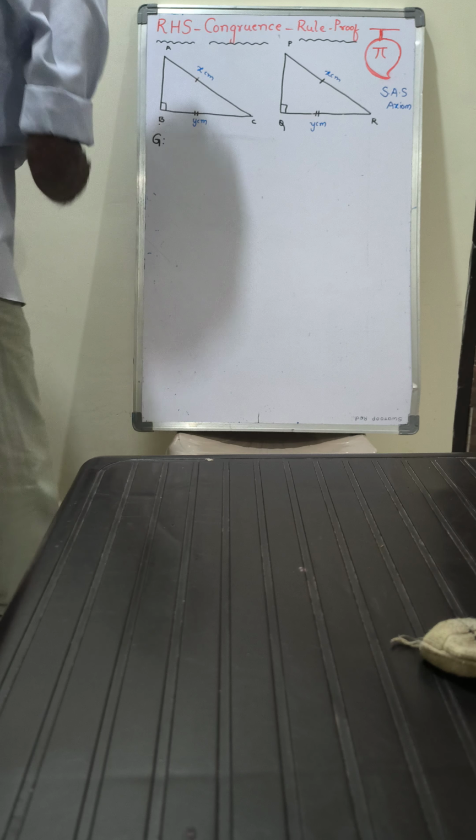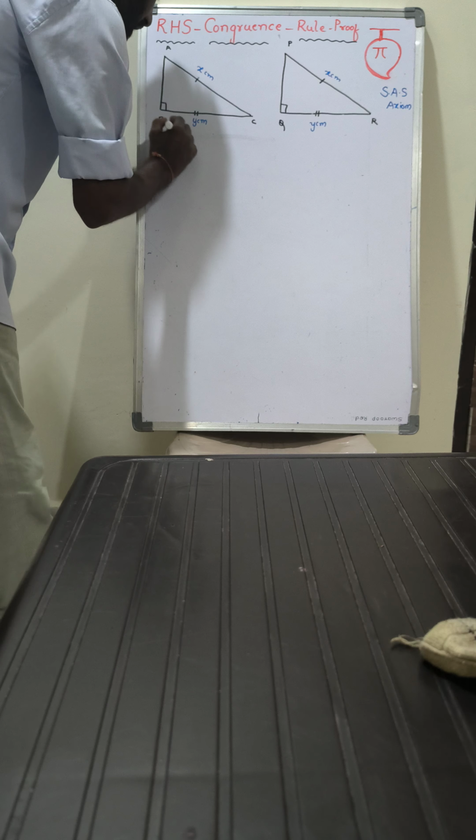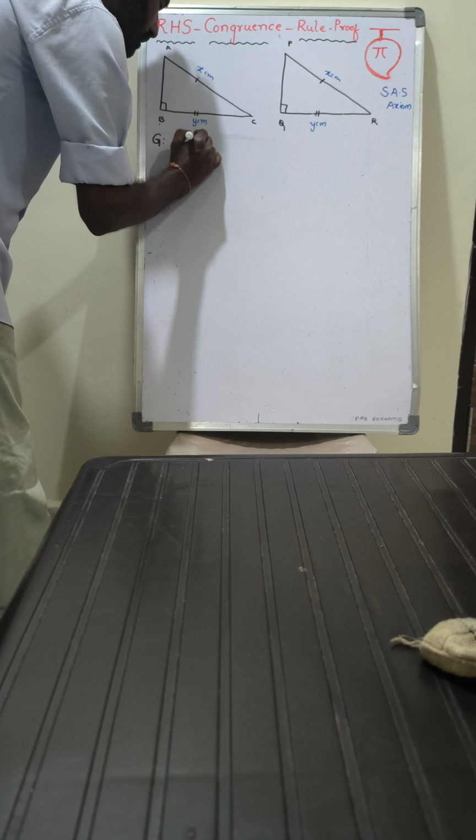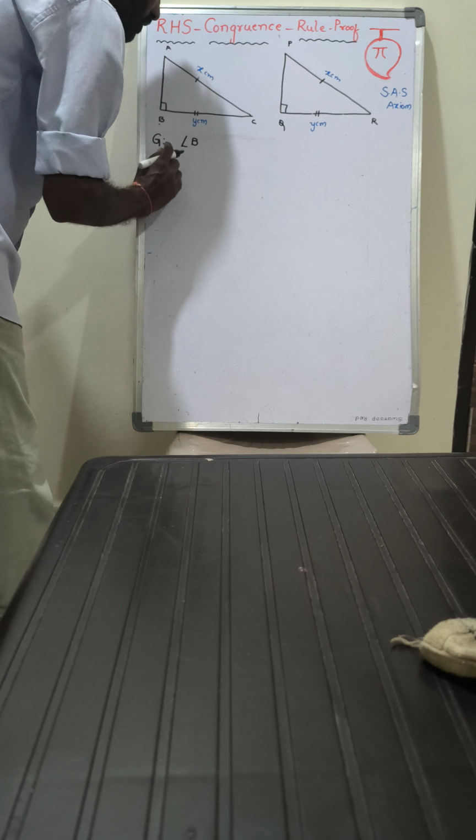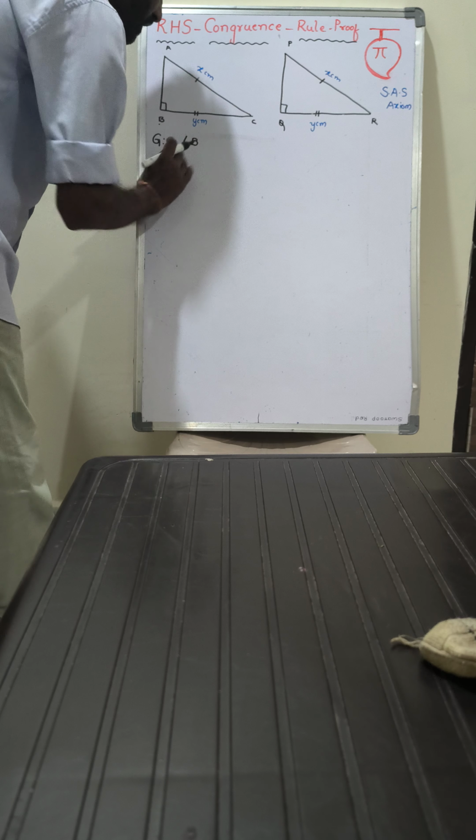So what is given? Triangle ABC, triangle PQR, right angle triangles. Next, what else is given?